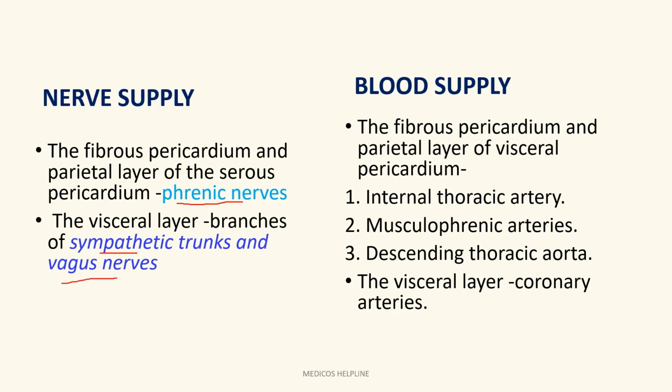Coming to the blood supply, the fibrous pericardium as well as the parietal layer of the serous pericardium are supplied by three arteries. One is the descending thoracic aorta, another one is the internal thoracic artery, and also the musculophrenic arteries. The visceral layer has a blood supply similar to that of the heart, that is from the coronary arteries.